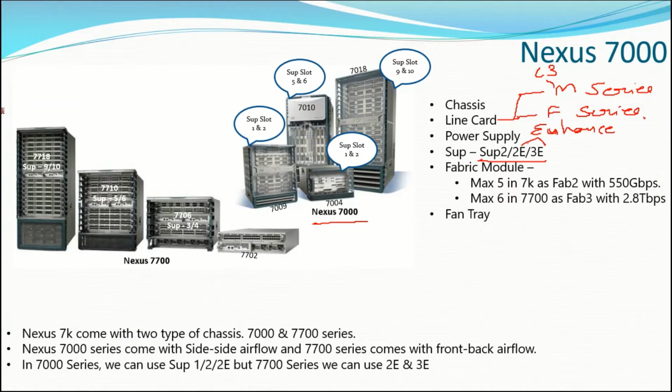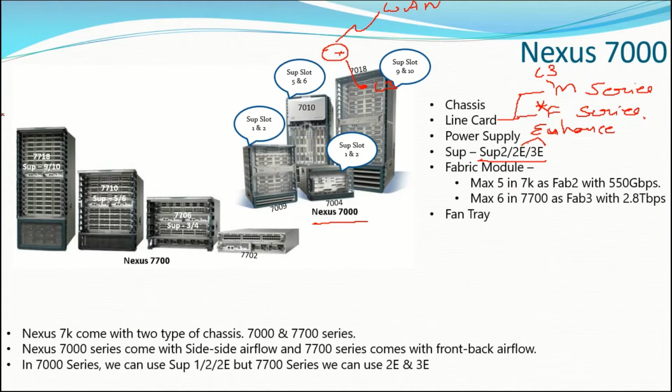For example, if this interface needs a router connected, and this router provides some layer 3 functionality over the WAN, then this interface must be a layer 3 interface. At that moment, this interface cannot be configured if you are using the F series line card.